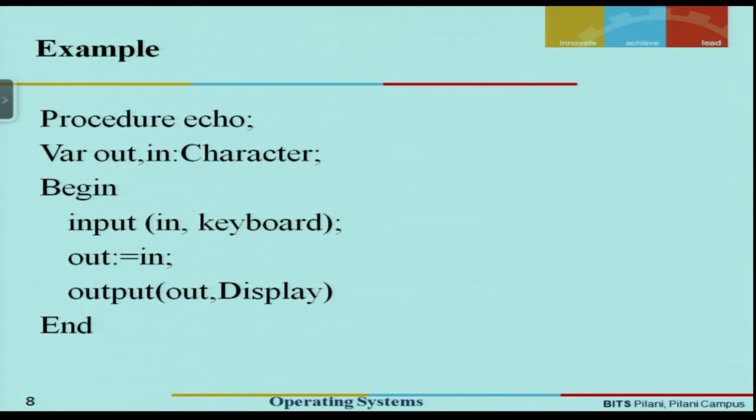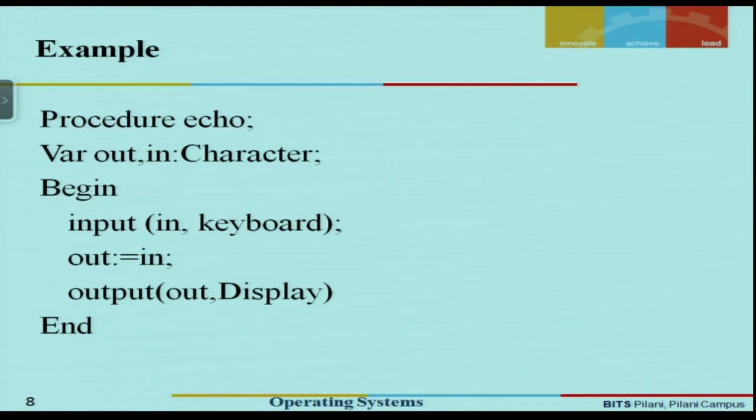Let us look at a very simple example, and with the help of this example I will show you that if the processes are not controlled properly, then the result can be pretty unpredictable. Let's say we have a procedure, which we call echo, which has two variables, in and out.